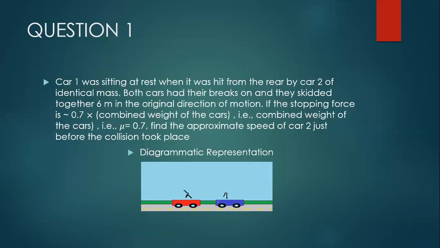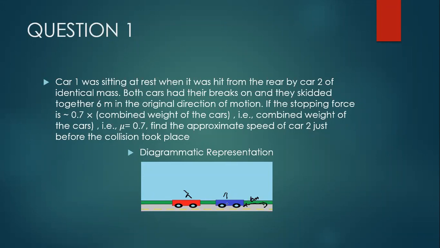Then car 2 comes and hits into car 1. But when they hit into each other, both of them apply brakes. Then they discover that after the point of impact, they skid some other distance of 6 meters.